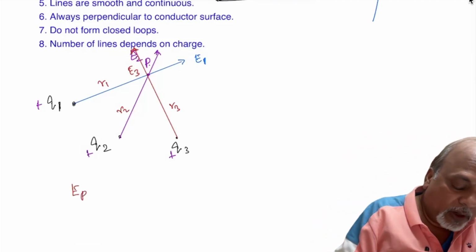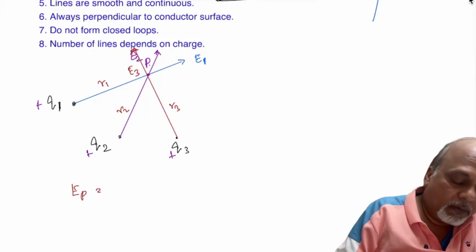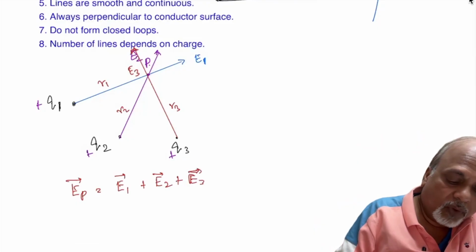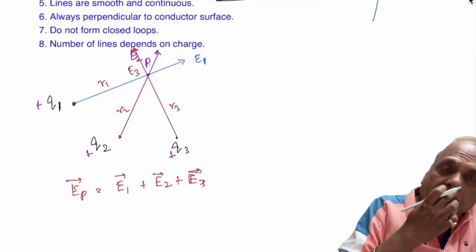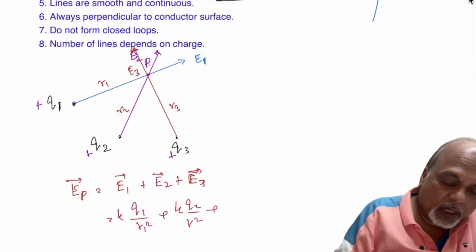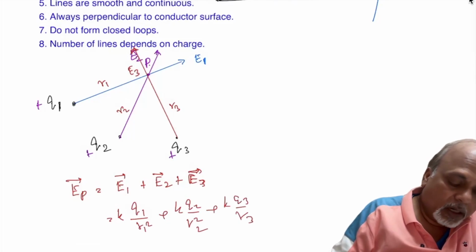Electric field at P will be the vectorial sum of E1 plus E2 plus E3, like we have seen in superposition of forces. Correct. Or it can be written as K Q1 upon R1 square plus K Q2 upon R2 square plus K Q3 upon R3 square. Correct.